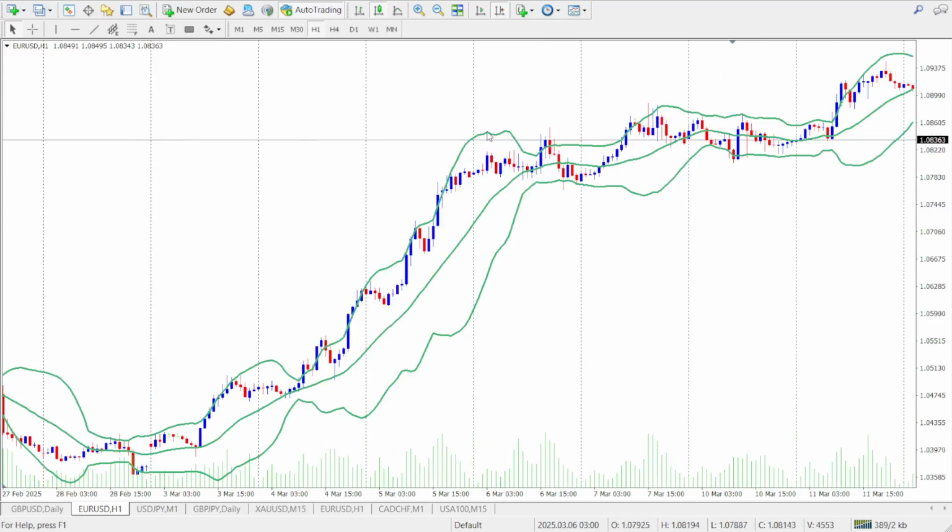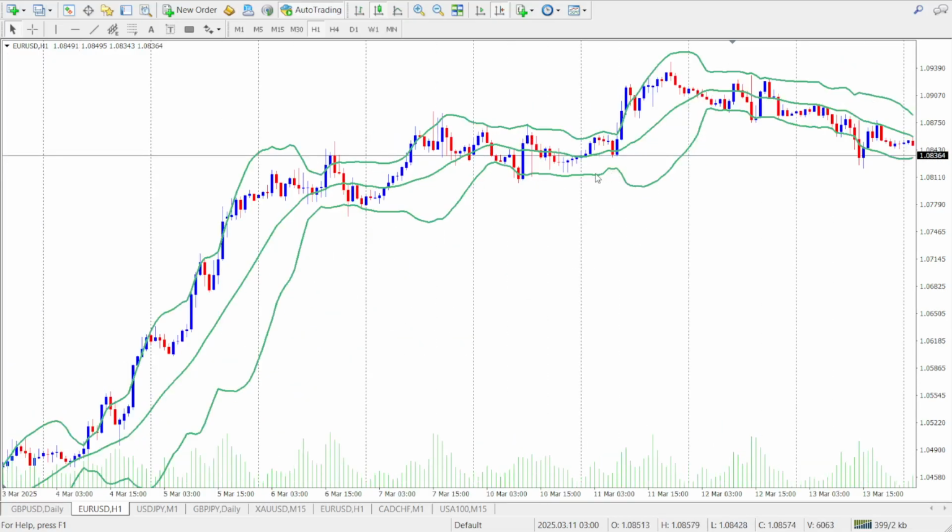When price touches the upper band, the market may be overbought. When price touches the lower band, the market may be oversold. Then the middle line acts as a dynamic support and resistance level.